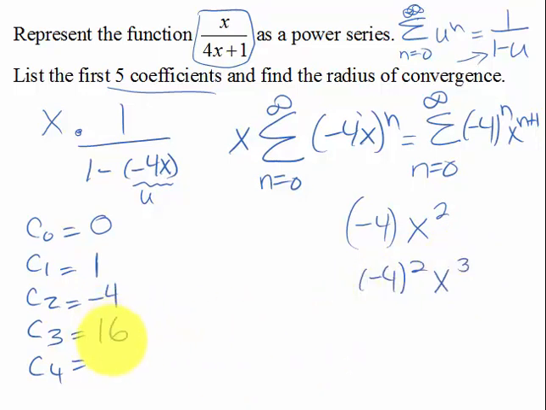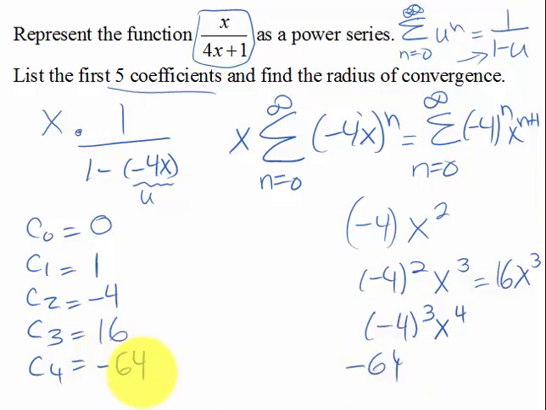So our coefficient there is going to be a 16, because we see our next term is going to be 16x cubed. And then let's go ahead and put in a 3. And so we have negative 4 to the third, and then x to the 3 plus 1, which is x to the fourth. And so our last coefficient is going to be negative 64.